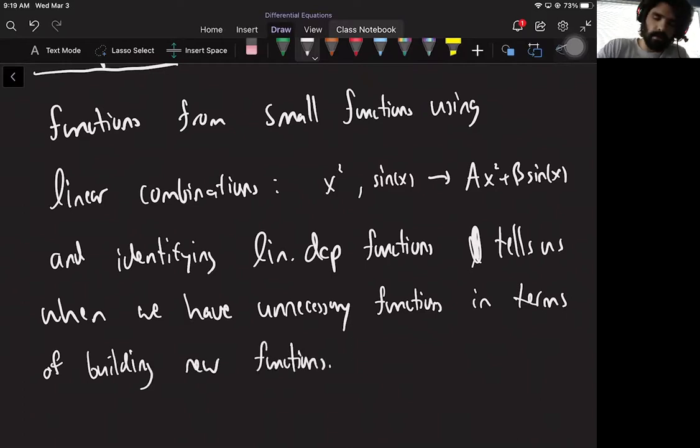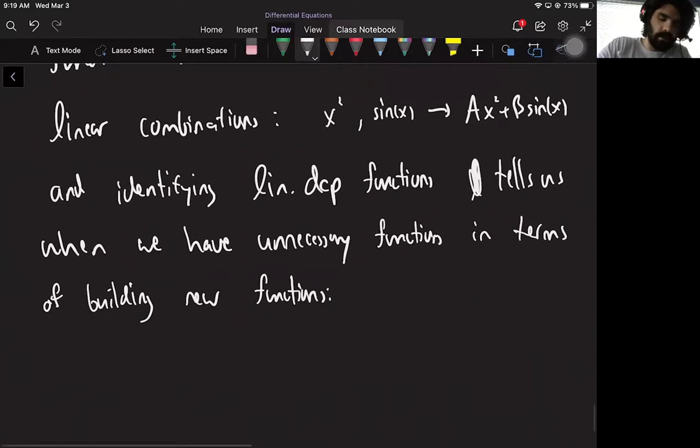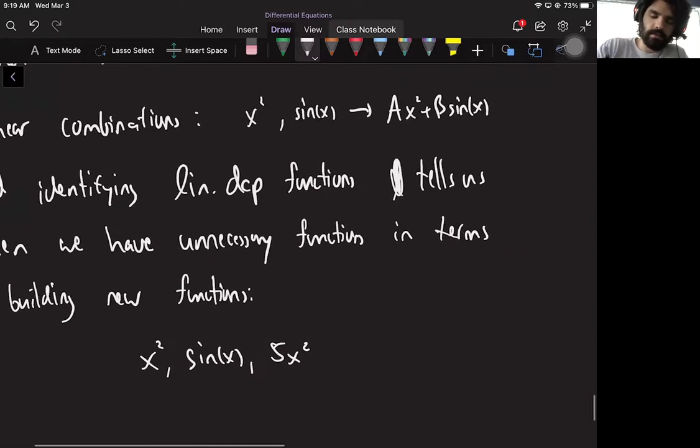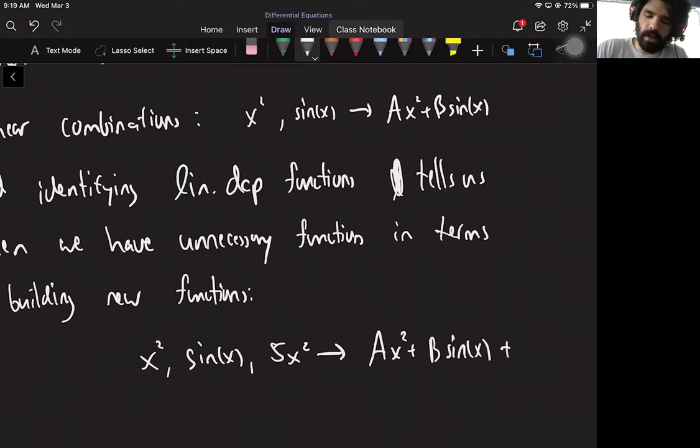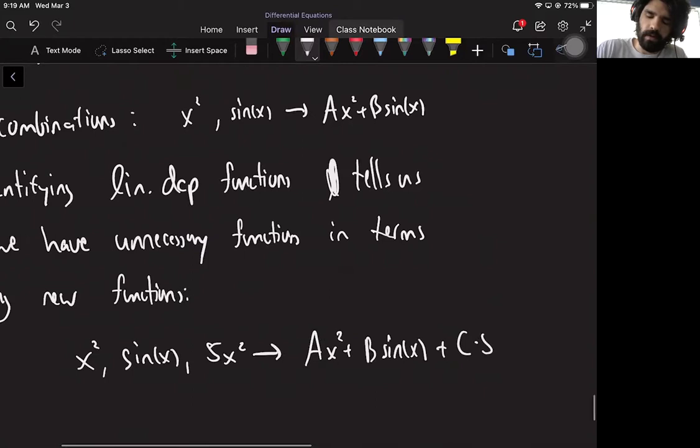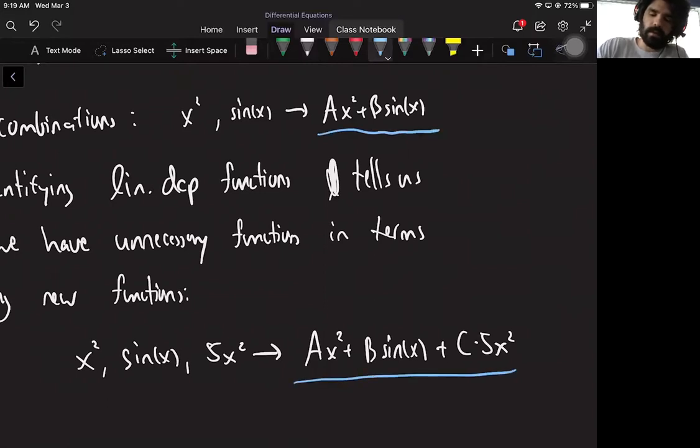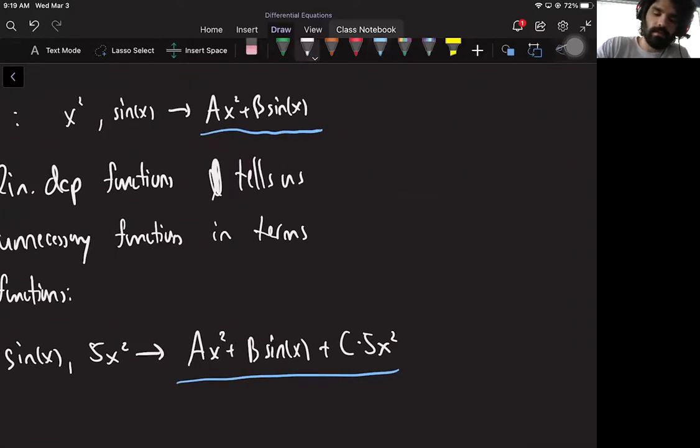So for example, if you have x squared, sine of x, and 5x squared as your building blocks, and you build up linear combinations out of these, you're actually not going to get anything different than up here. These are the same linear combinations.